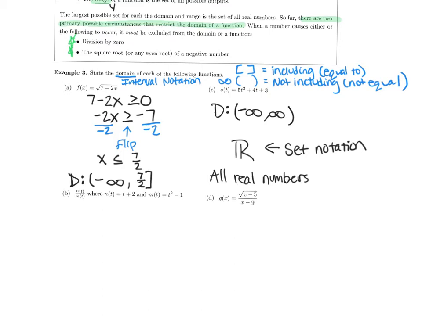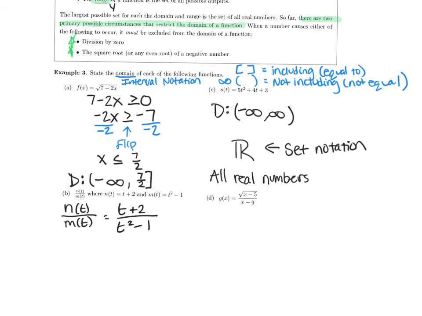So taking a look down here, n of t over m of t, where we have the given functions of n and m. So let's write this out. N of t over m of t is equal to t plus 2 over t squared minus 1.